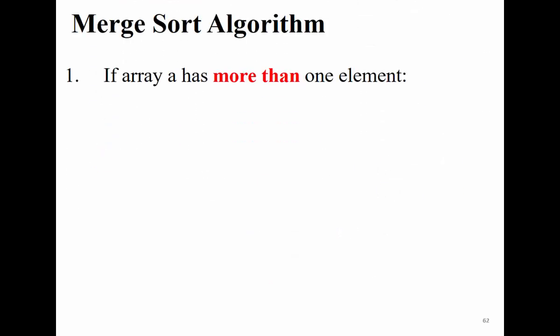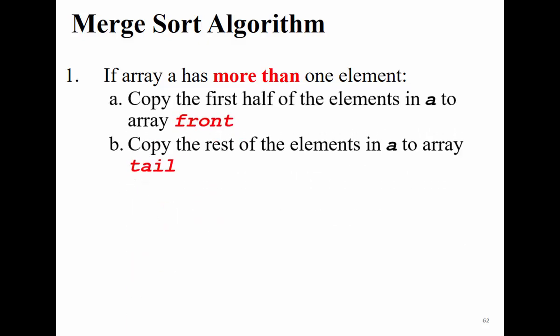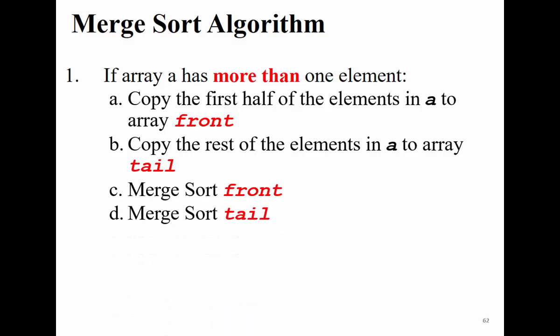So for merge sort, if you have an array with more than 1 element, you take the first half, which you call the front, and the rest of the array, which you call the tail. You merge sort the front and merge sort the tail.